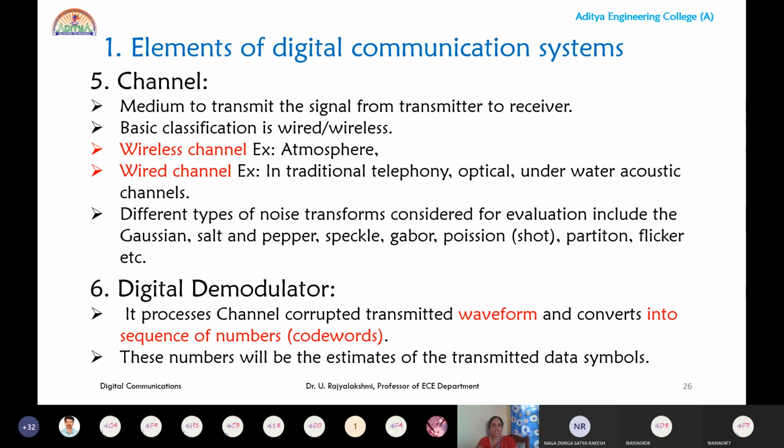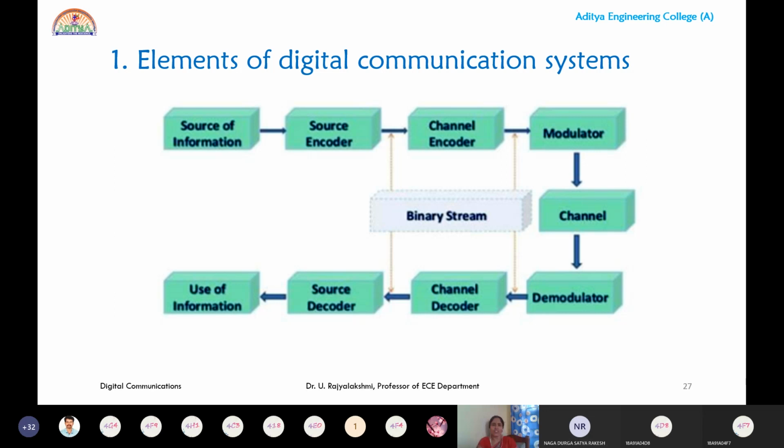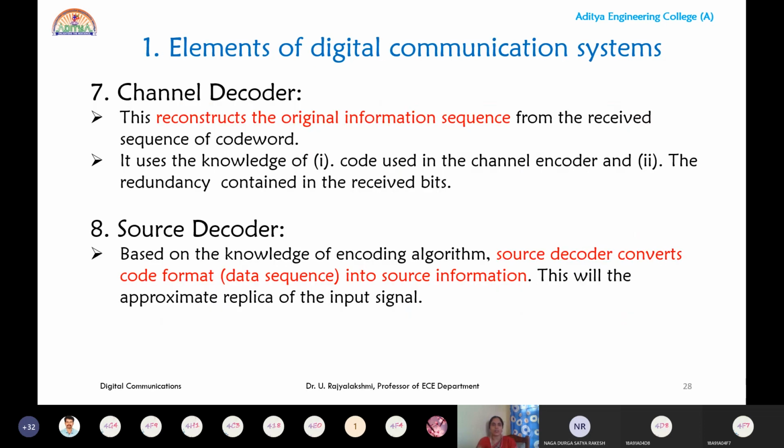This is what we discussed in the earlier class. Always note that the demodulator functionality is opposite to the modulator, but the principle behind the parameter variation remains the same.